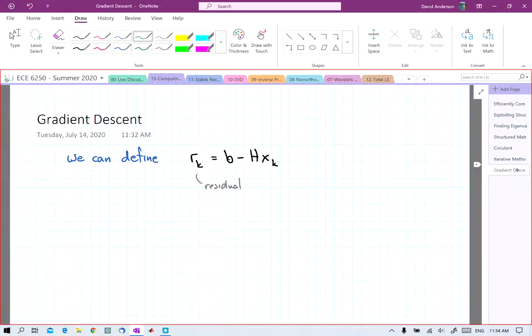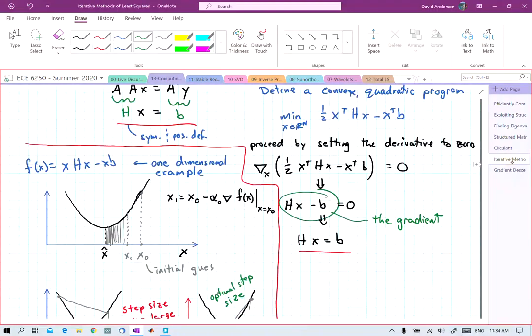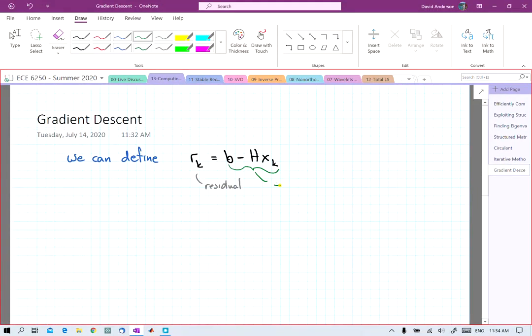Well, not only then is this our error or our residual, but this here is actually minus del f of x evaluated at x equals xk.